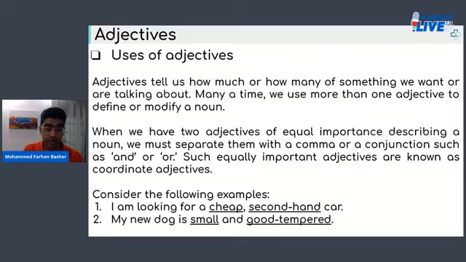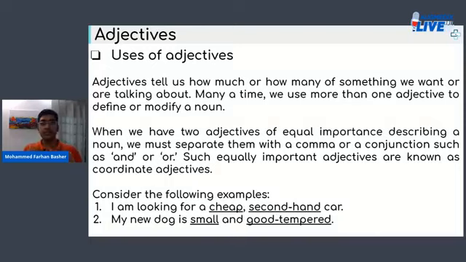First adjective, cheap. The second adjective we're using here is second-hand. You're not going to buy a first-hand car. You want to buy a second-hand car. So you're coming up with two adjectives to define your noun car. So a cheap, second-hand car.